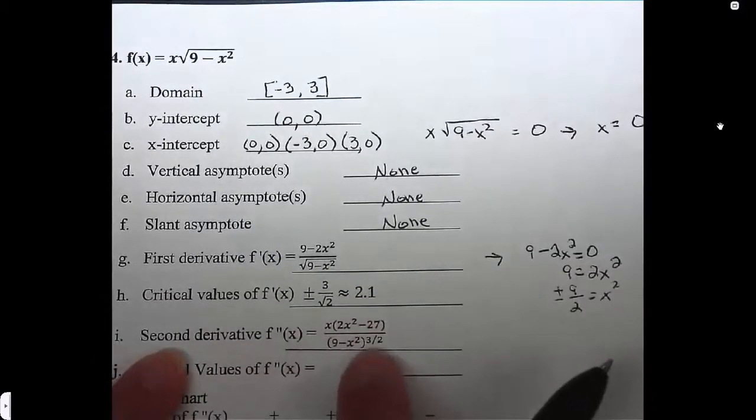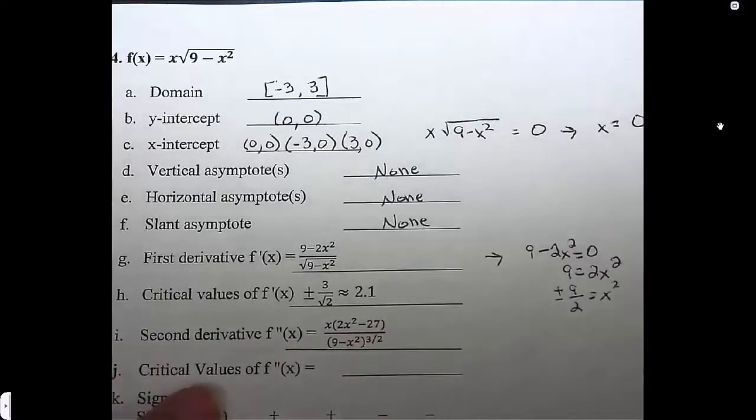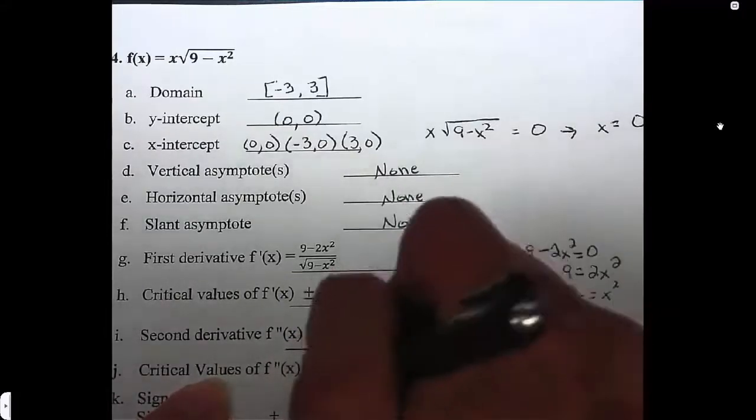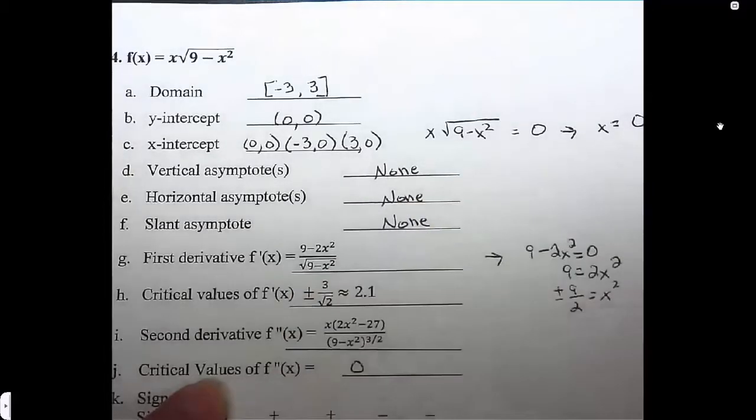I gave you the second derivative, which takes a little while to find. But then what about critical values of the second derivative? How am I going to find those? Again, set the numerator equal to 0, and you get x equals 0 or x equals what?